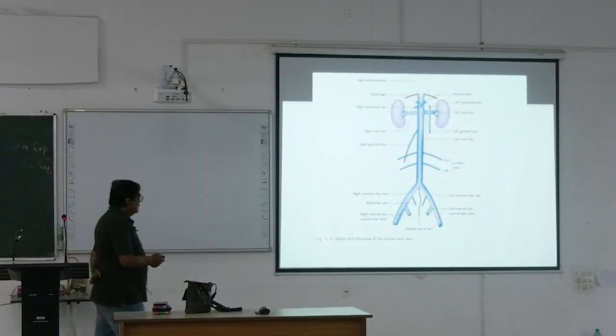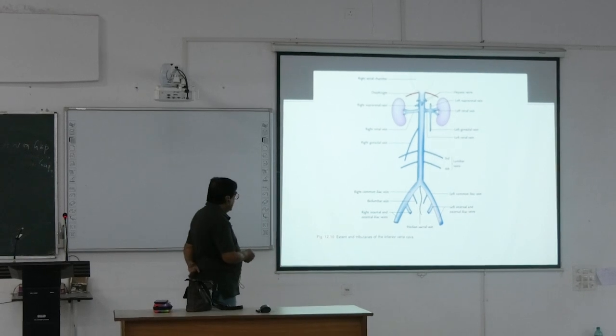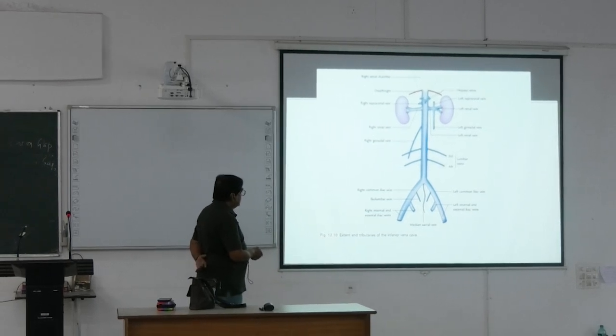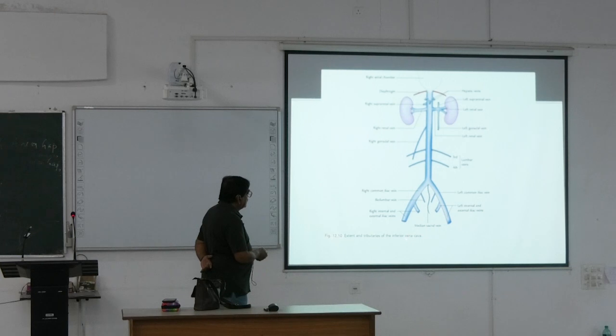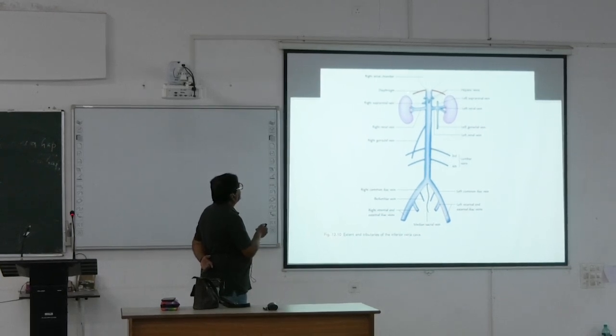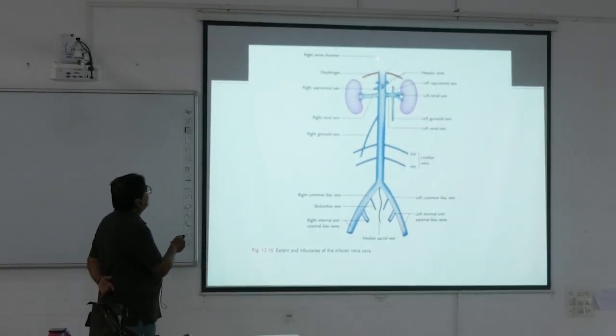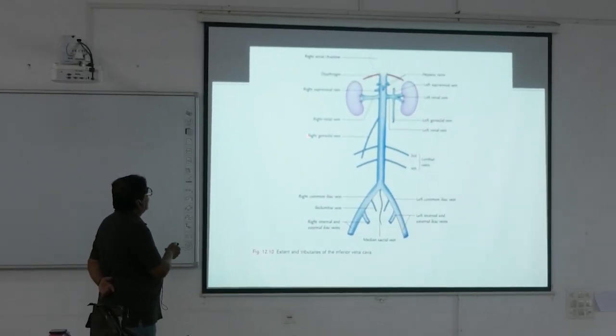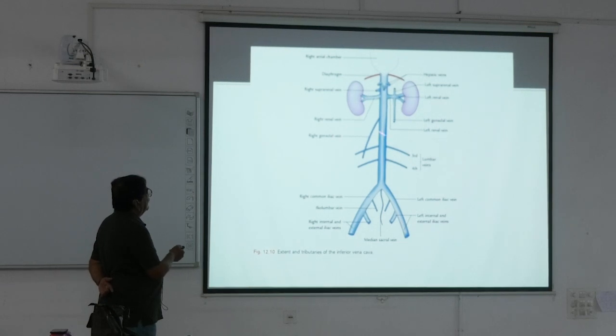Now this is the inferior vena cava, and you can see the branches up to the diaphragm. Similar branches will be there: right renal vein, left renal vein, and external iliac vein, internal iliac vein, right marginal artery, external and internal iliac vein.